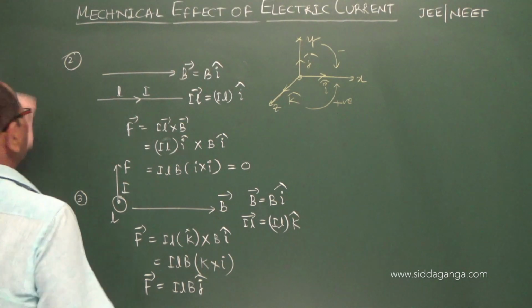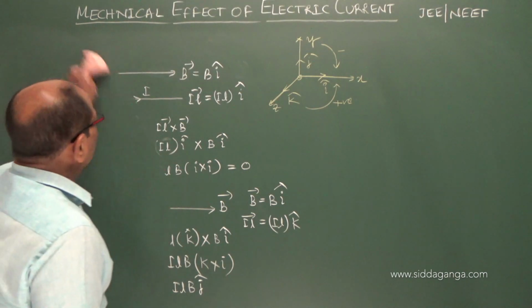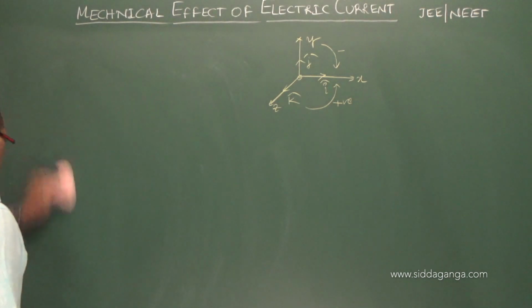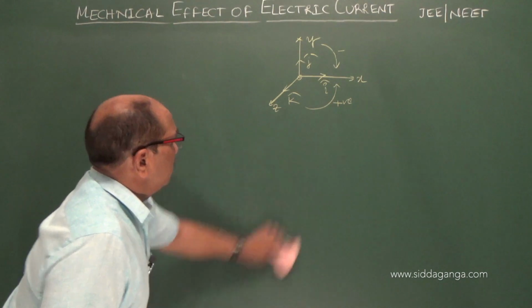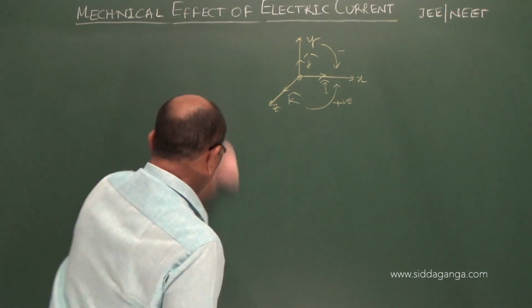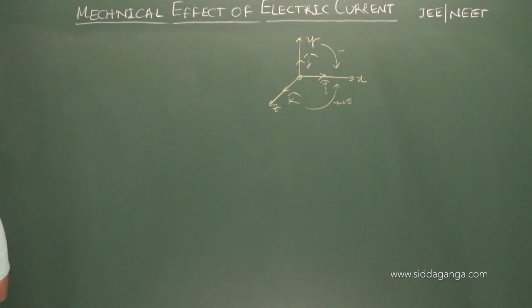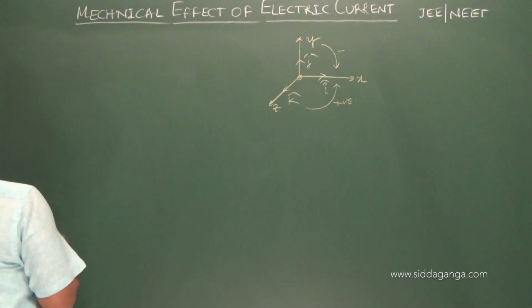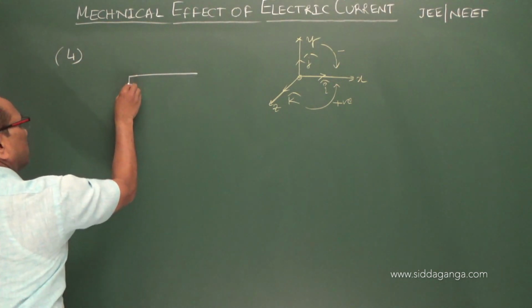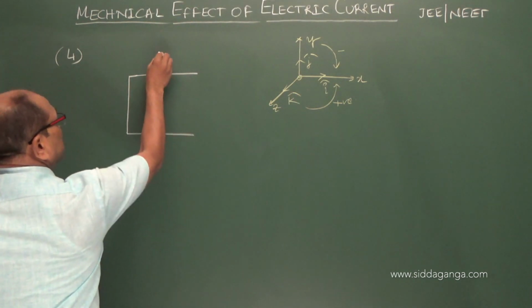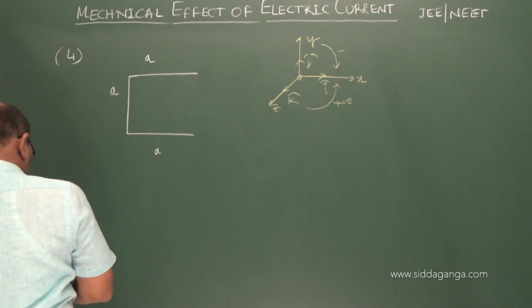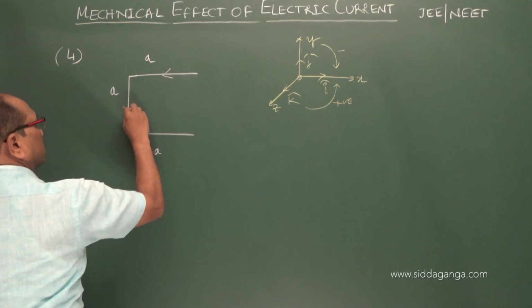So let us take another example. A wire is bent so that each side has length A. It is also A, it is also A. The current travels like this.